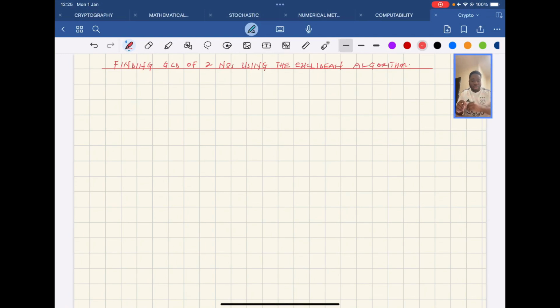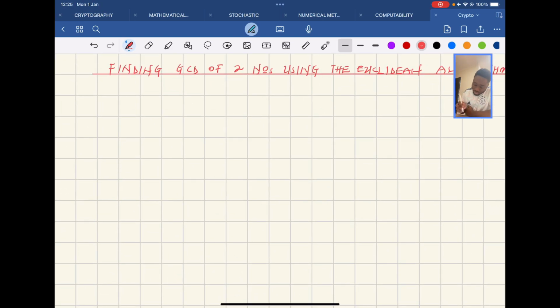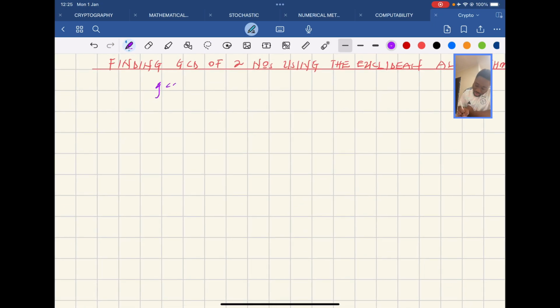Now, in finding the GCD, we have many ways of doing that, but the best way is to use the Euclidean algorithm. Sometimes it's easy to find a GCD. For instance, let's say find the GCD of 2 and 4.